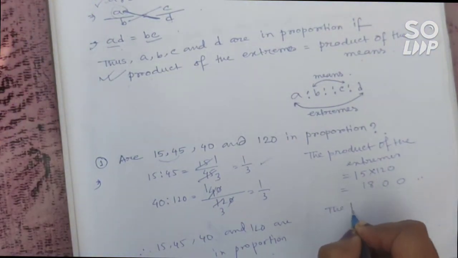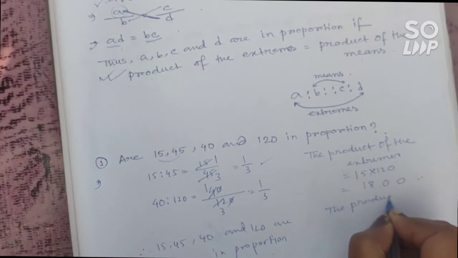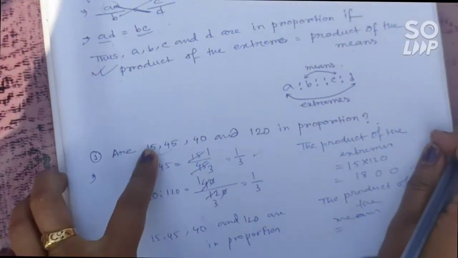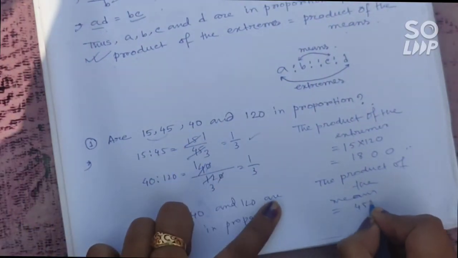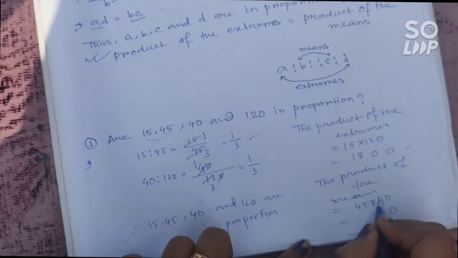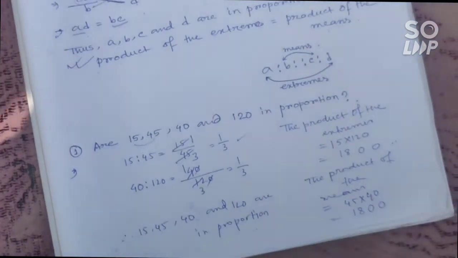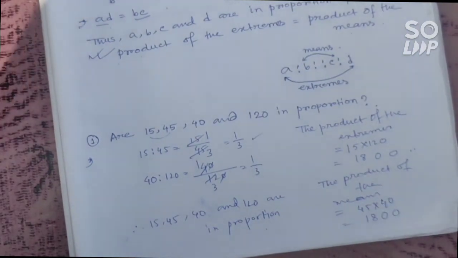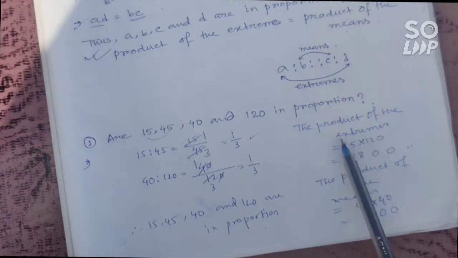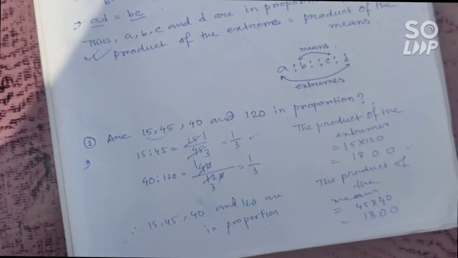Next, the product of the middle terms or the product of the means. What are the means? 45 and 40. 4 5s are 20, 4 4s are 16 plus 2, 18. So these are also equal. So 15, 45, 40 and 120 are in proportion, since the product of the extremes equal to product of the means.